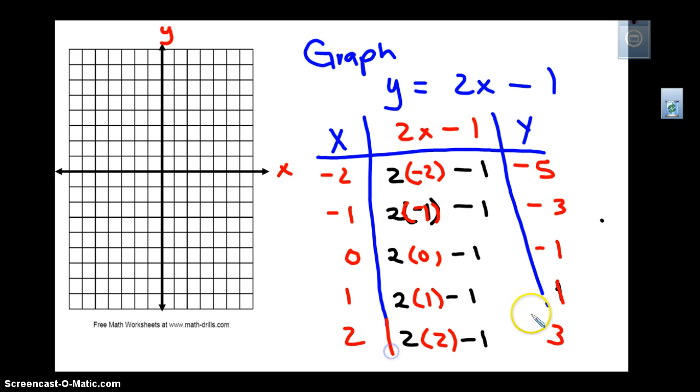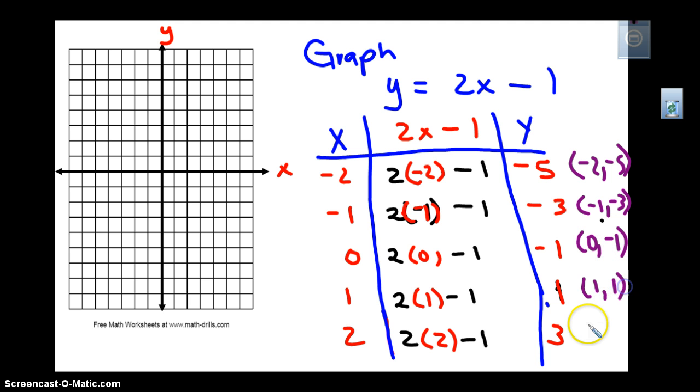So what happens now is that we can make our ordered pairs out of the x and y values. So my first ordered pair would be negative 2, negative 5, negative 1, negative 3, 0, negative 1, 1, 1, 2, 3.